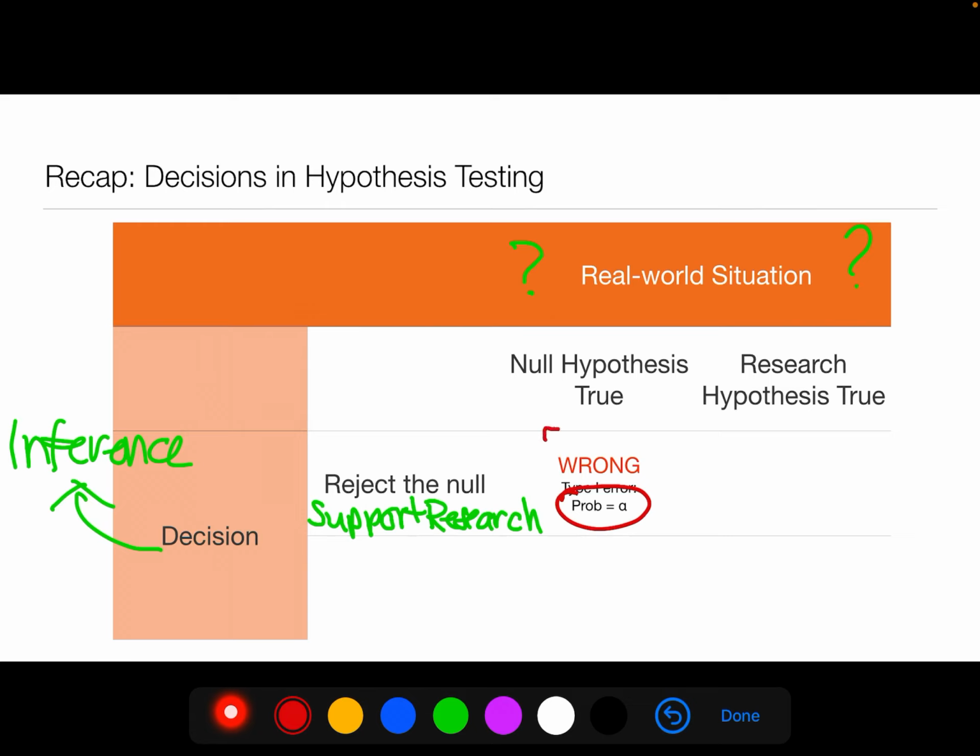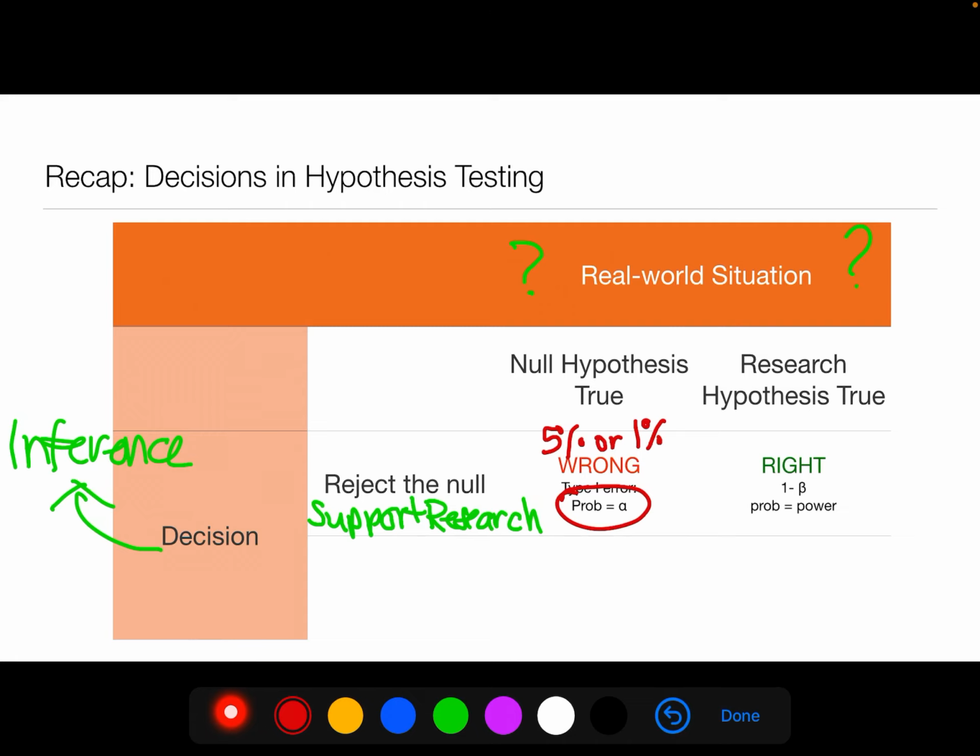We typically set that at 5% or 1%. Those are the risks that we're willing to take of making a type 1 error, when we're supporting the research and rejecting the null when the null hypothesis is actually true. Again, we don't know what's happening in the real world. We're making these inferences, and we don't want to make these errors, so this is our risk.